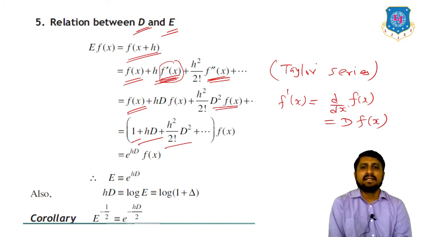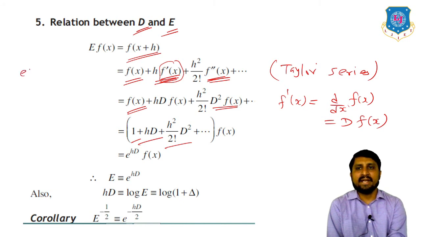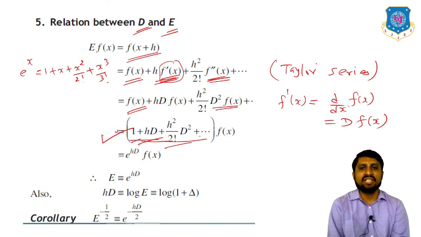We know the formula for e raised to x: e raised to x is 1 plus x plus x square by 2 factorial plus x cube by 3 factorial, and so on. So here you can see that this is exactly the formula of e raised to hD: 1 plus hD plus hD whole square divided by 2 factorial, and so on.